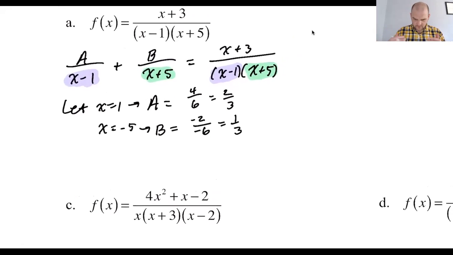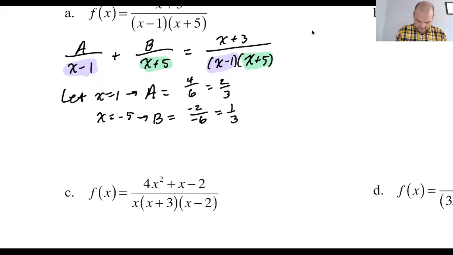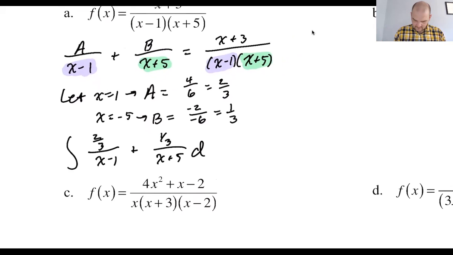And then we have to remember what we wanted to do. So we actually wanted to integrate this thing. So we have to integrate 2/3 over x minus 1 plus 1/3 over x plus 5. And you can see these are both going to be natural logs.